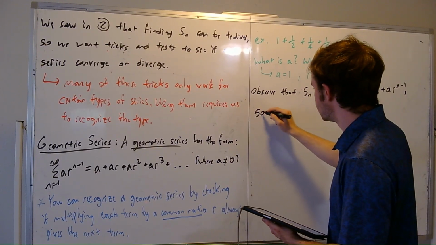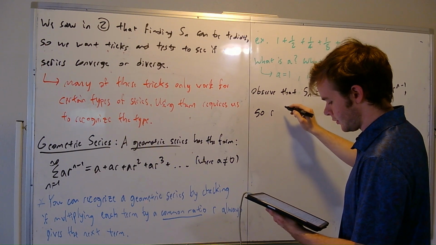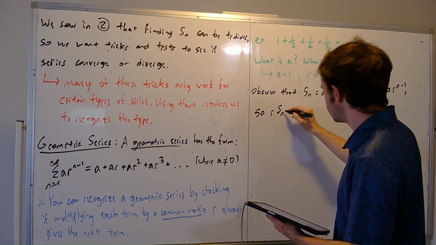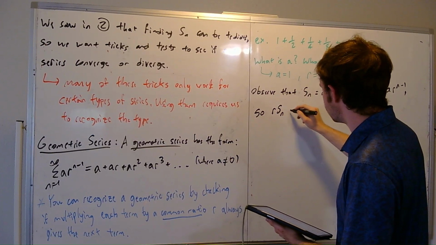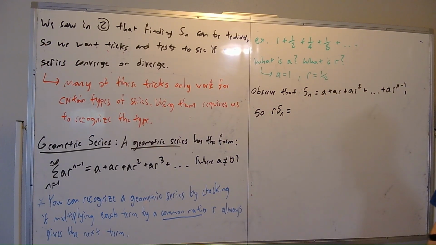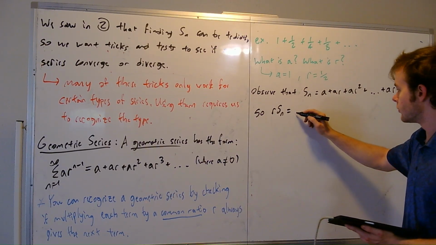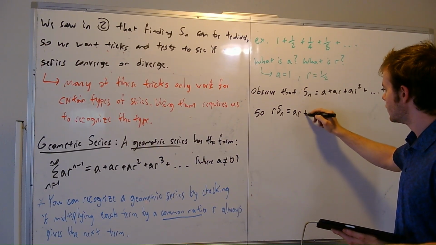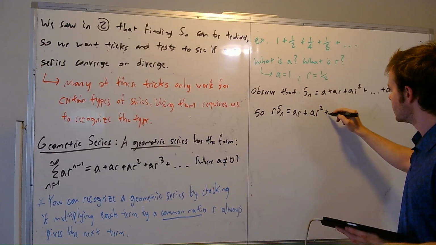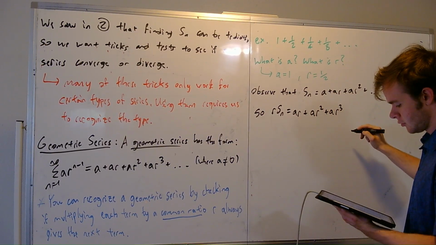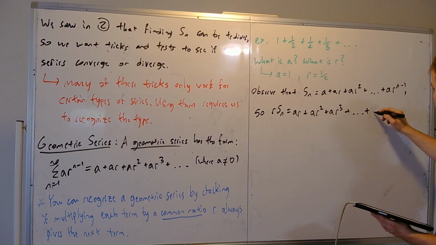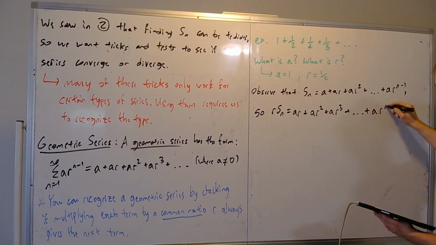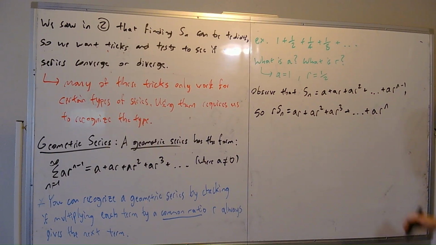So if we have r times Sn, this is a bit poorly written, but if we just multiply this whole thing by r, we get a times r plus a times r squared plus a times r cubed, and so on, until we get to a times r to the n. Because this was r to the n minus 1, we multiply by r, and that's what we got.